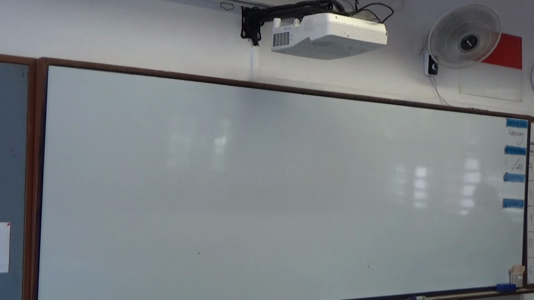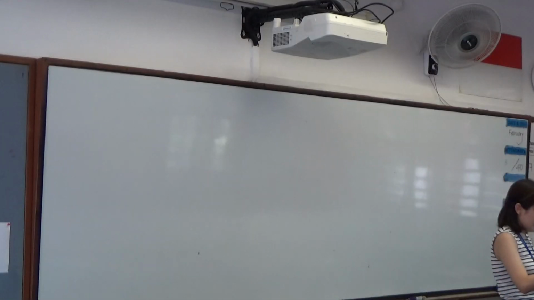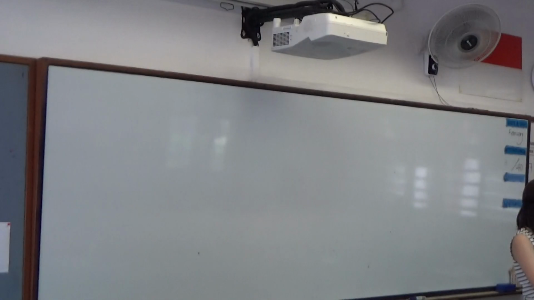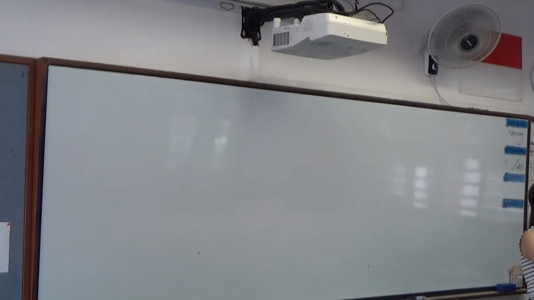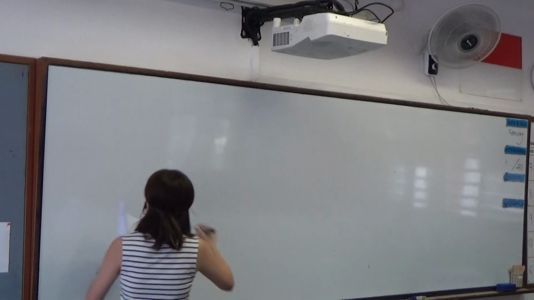Alright, I just want to give a few feedback about your exercise 2A first. Generally, it was okay, not so much of an issue. However, for exercise 2A question 20, I just want to highlight how we go about drawing our tree diagram.